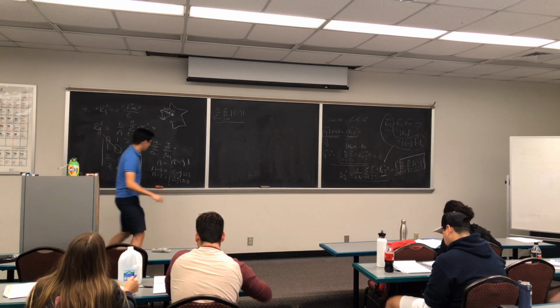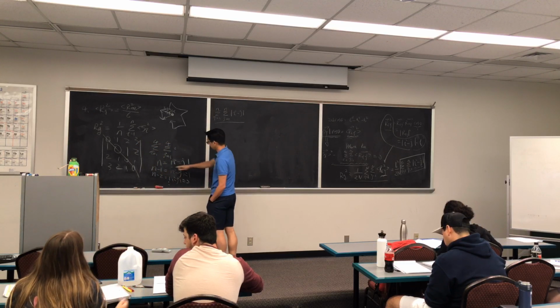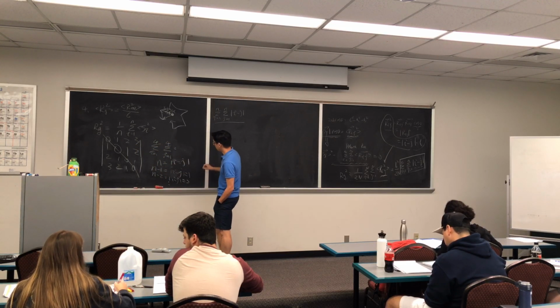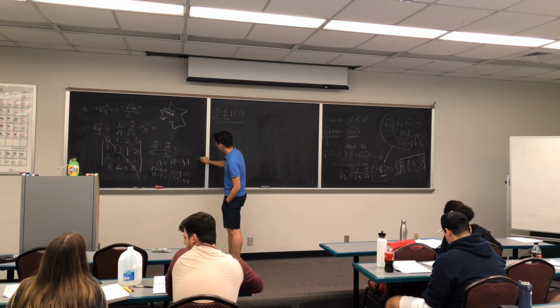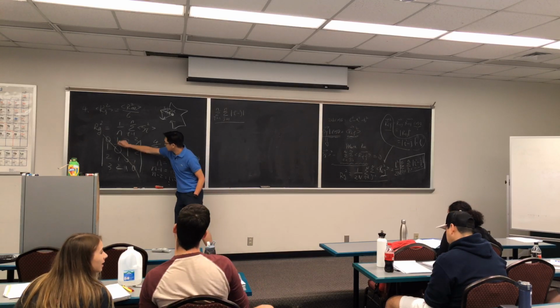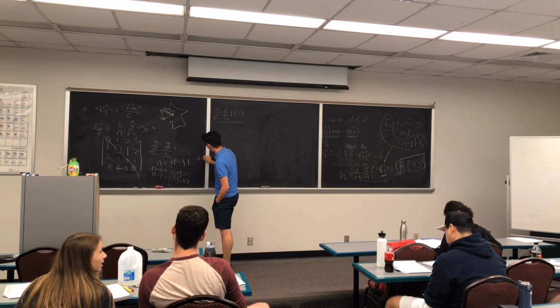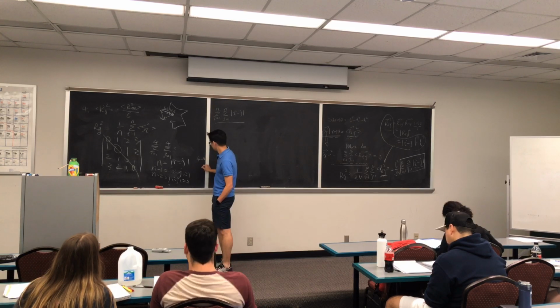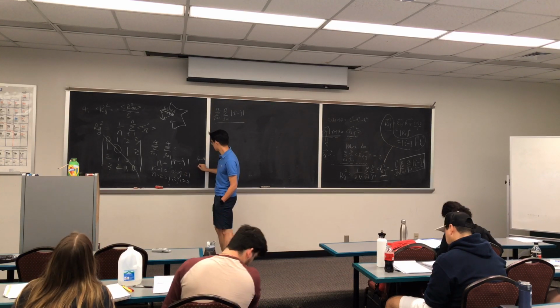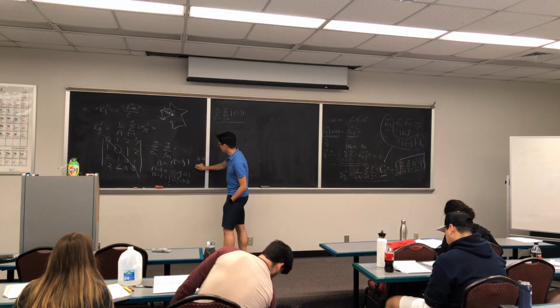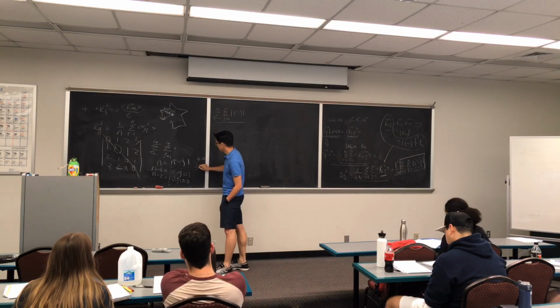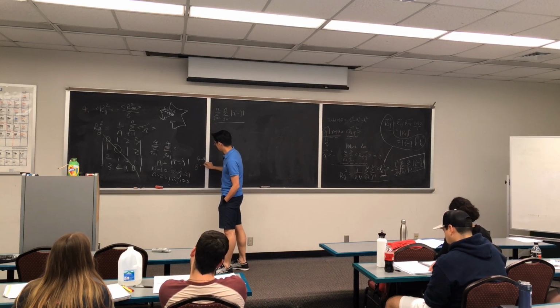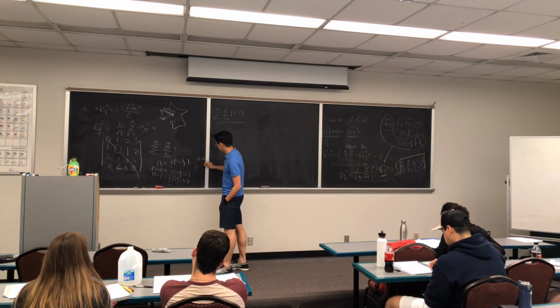In this particular case, when n equals 4, if you count, there's 4 zeros. You have 3 ones, right?